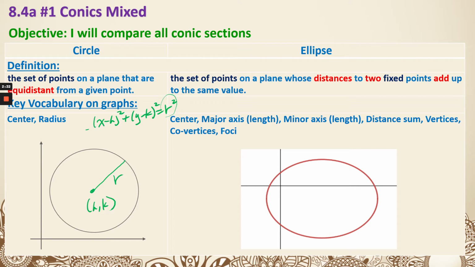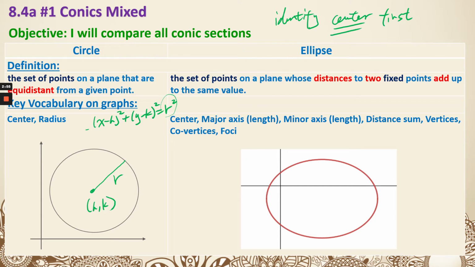Moving on, ellipse. The set of points on a plane whose distances to two fixed points add up to the same value. So for all of these, the circle, ellipse, and hyperbola, my suggestion would always be identify center first. Always find the center first.